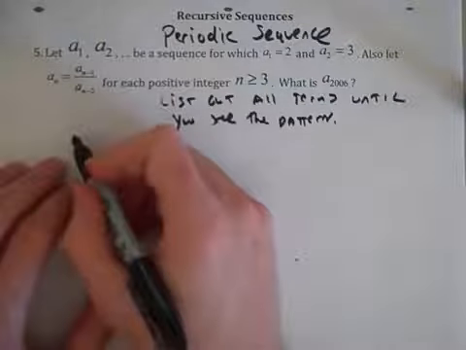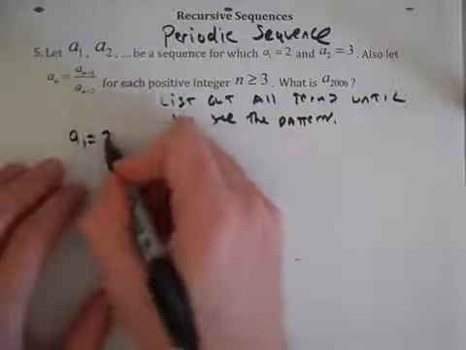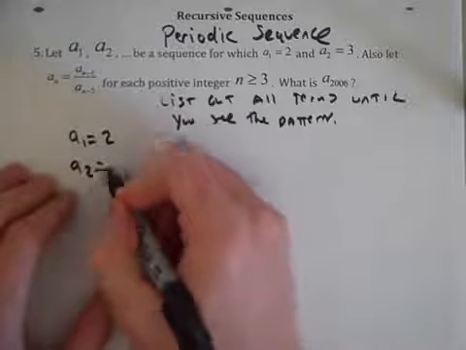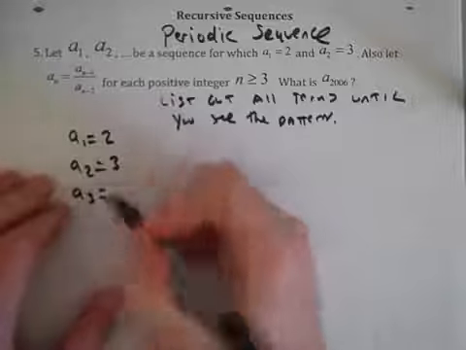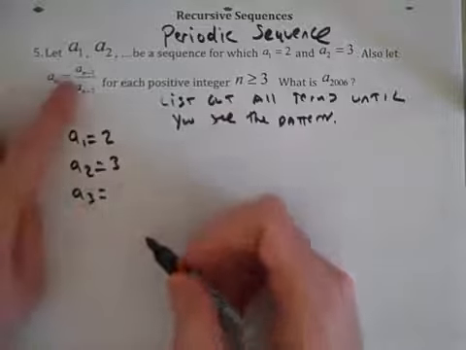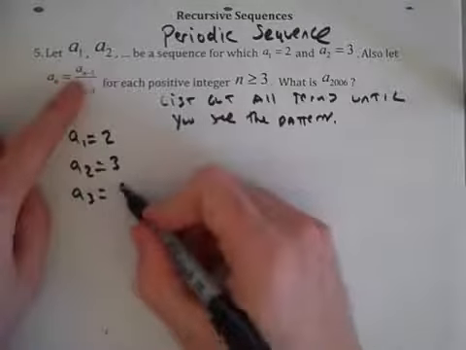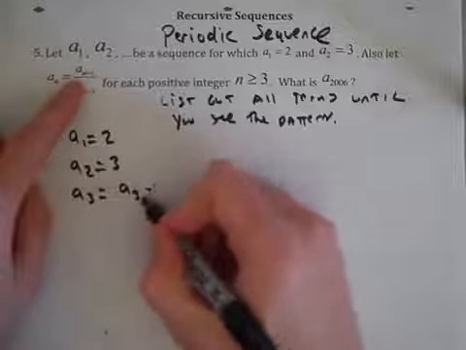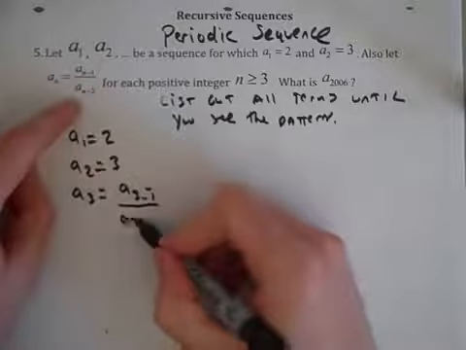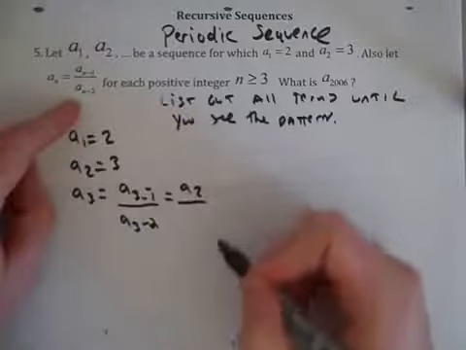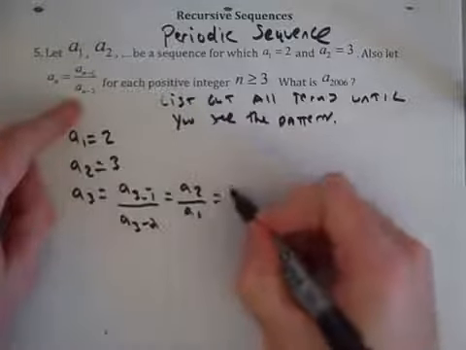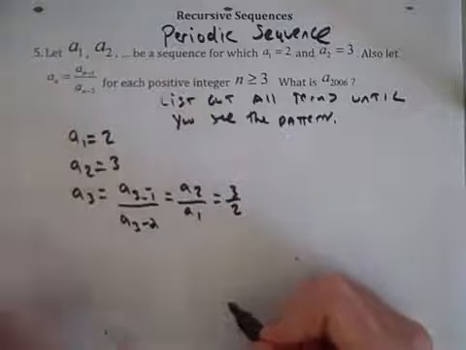So we have a sub 1 is 2, a sub 2 is 3. Those are the first two terms. Let's find a sub 3. Well, a sub n is a sub n minus 1 over a sub n minus 2, so a sub 3 is a sub 2 over a sub 1, which is 3/2.